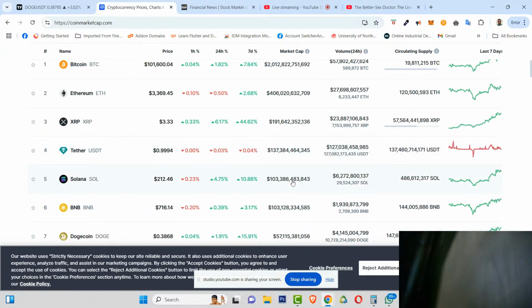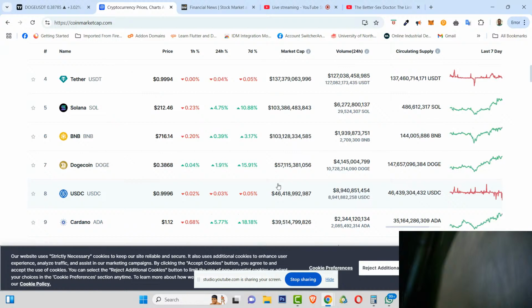I believe that Doge is going to hit a market capitalization of 103. Look at Binance Coin. Who would have thought Binance Coin would hit $716 today? Right? This was trading at $50, $300, $200 some days past. So this is how strategic you can be whenever you want to invest in all of this.